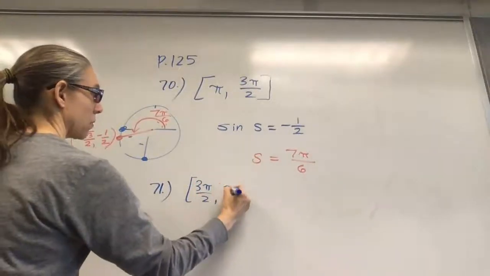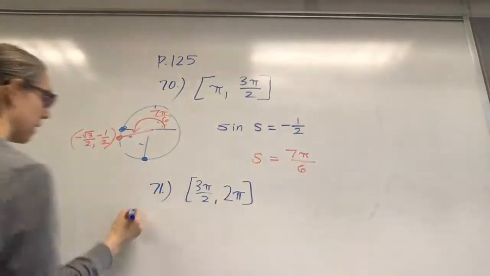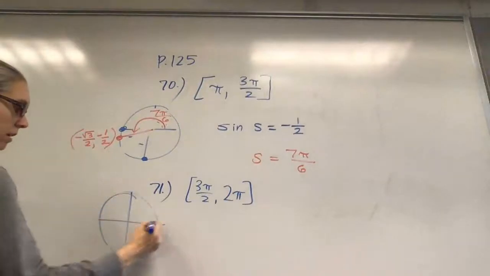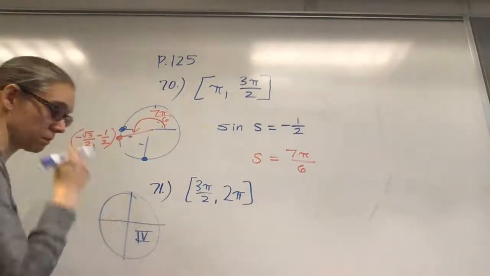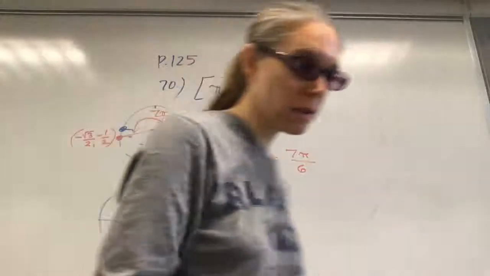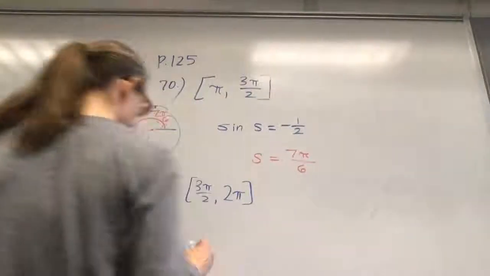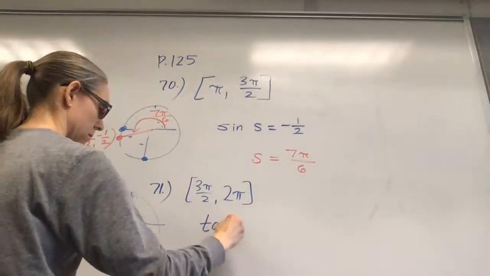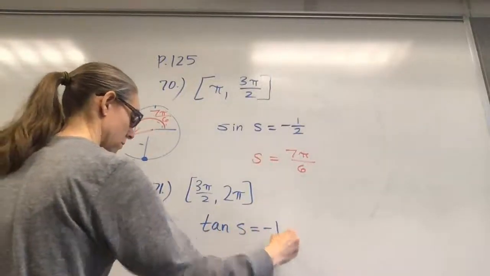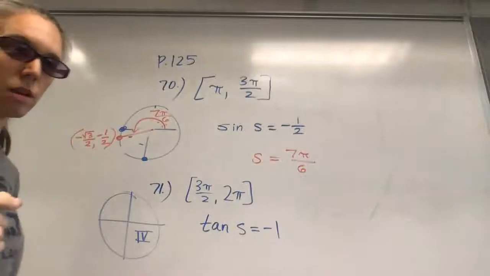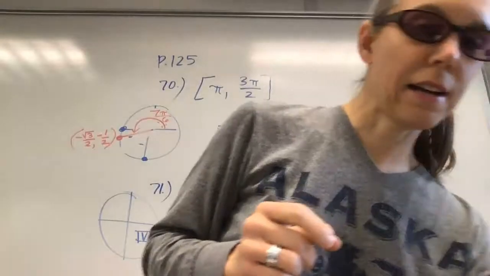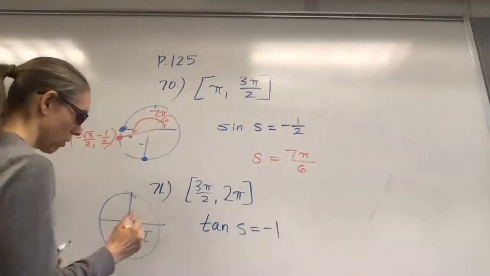So the interval from 3 pi halves to 2 pi says that we are now in the fourth quadrant. And the equation is tangent s is equal to -1. So we want to look for where sine divided by cosine is -1.